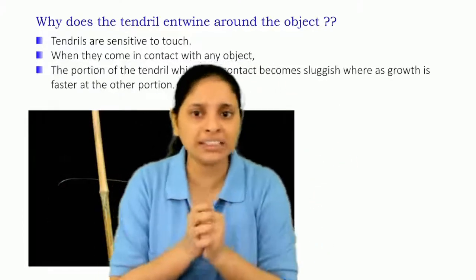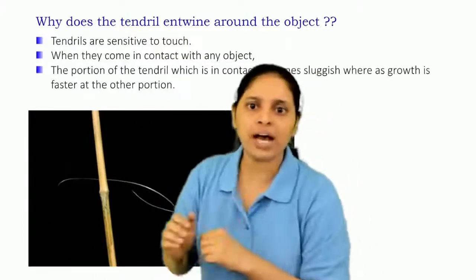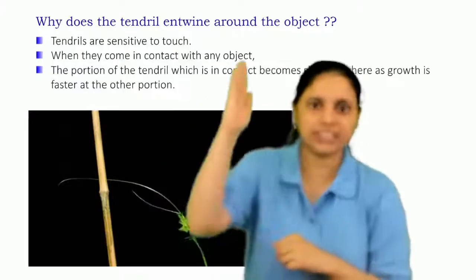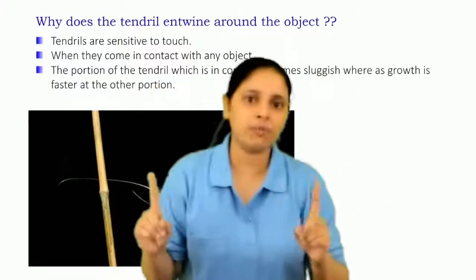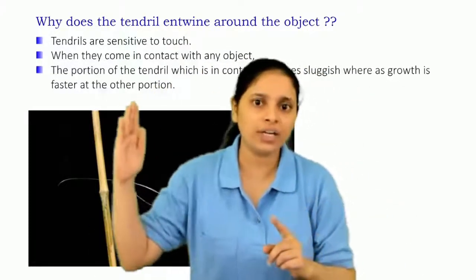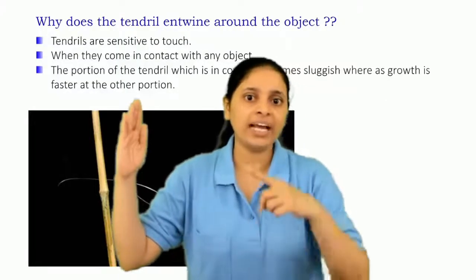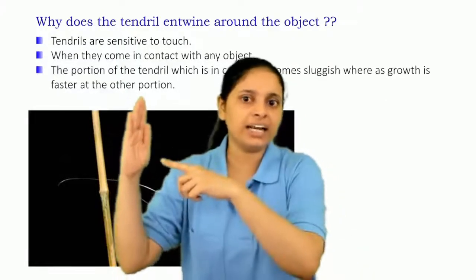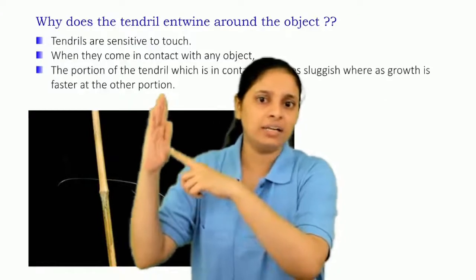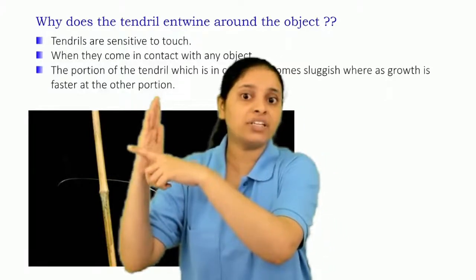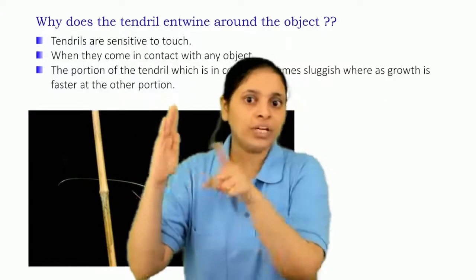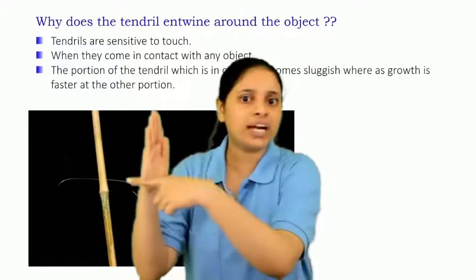Okay, तो just imagine करना है आपको कि हमारे पास एक ऐसा सपोर्ट है, जैसे ये एक सपोर्ट है. ओके, सबको समझना है अच्छे से. एक सपोर्ट है और एक टेंड्रिल है. And this tendril basically came in contact with the support. So ये जो point है, this is in contact with the support.